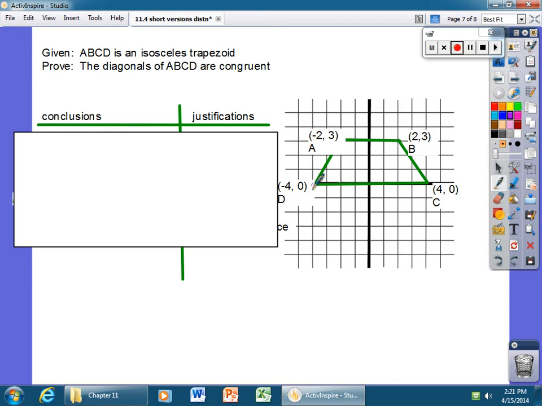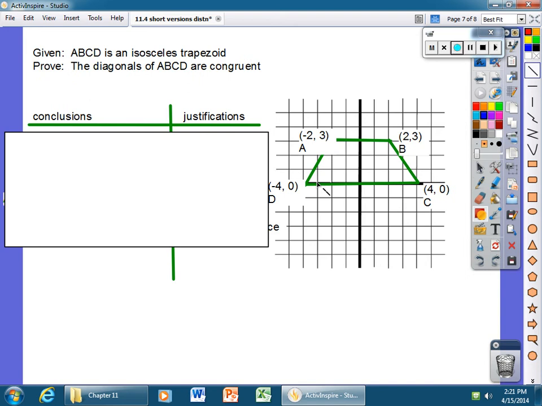I decided to make my base 8 across, and my second base I decided to make 4 across. So the length on this one is 4, the length on this one is 8. I know these two are the same because the distances between the two would be the same. Now what I want to prove though is that this distance is equal to this distance.